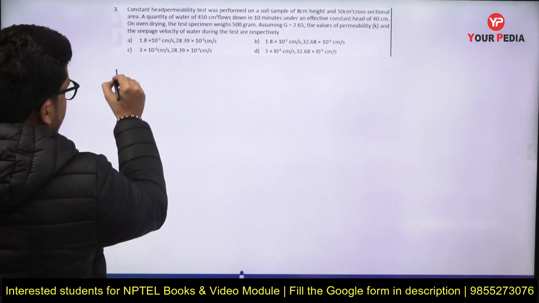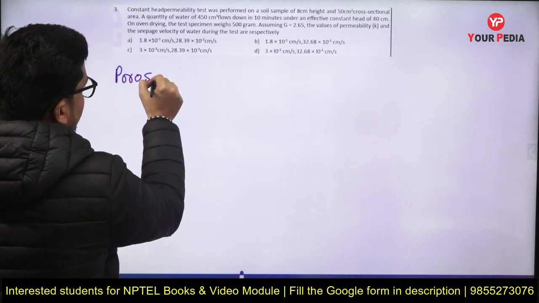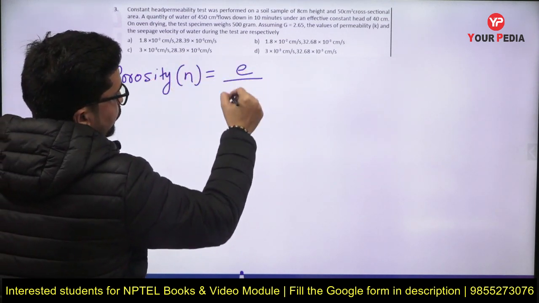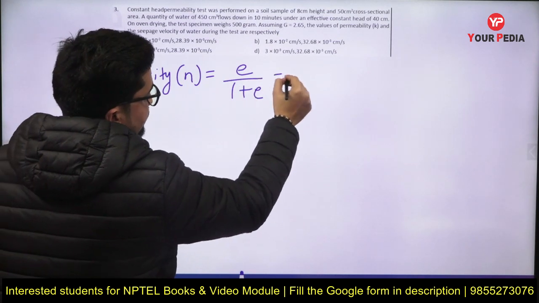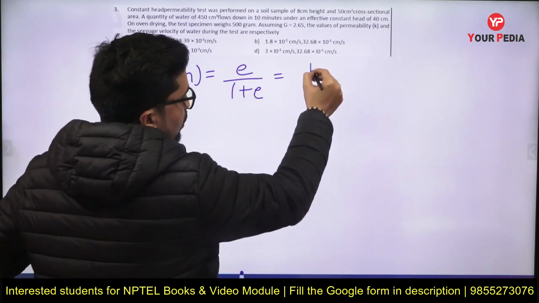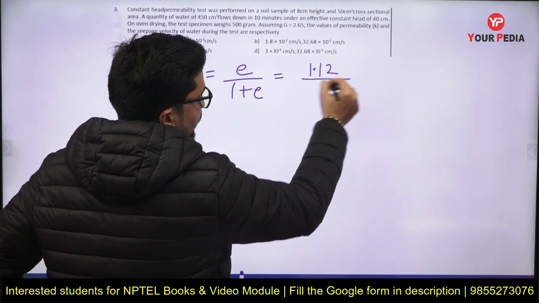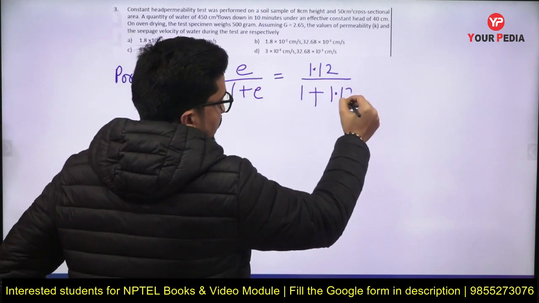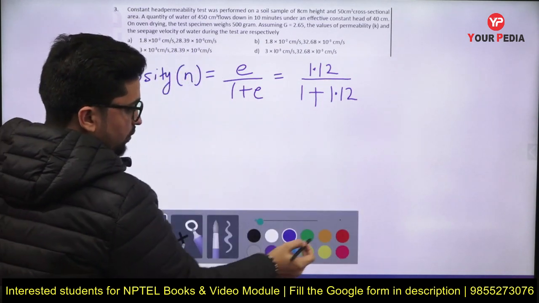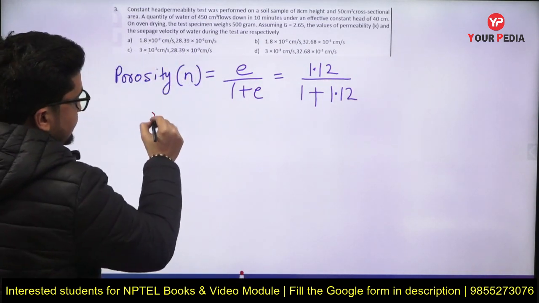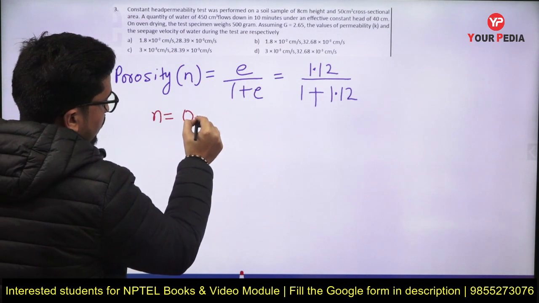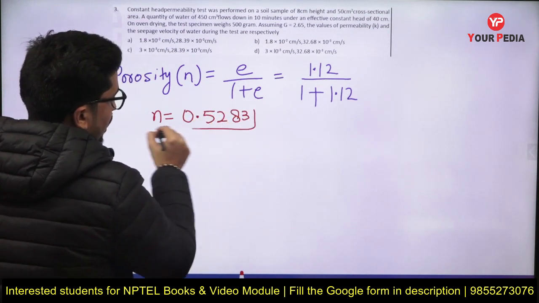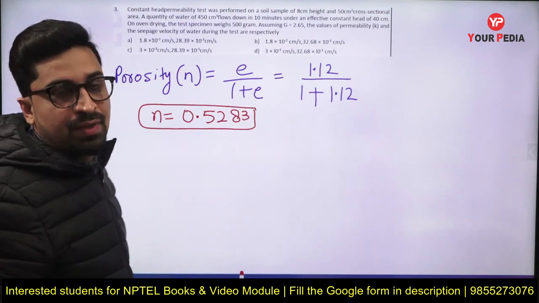So porosity, N, is equal to E upon 1 plus E. E we have just calculated, E came out to be equal to 1.12, divided by 1 plus 1.12. So on solving this, porosity came out to be equal to 0.5283.